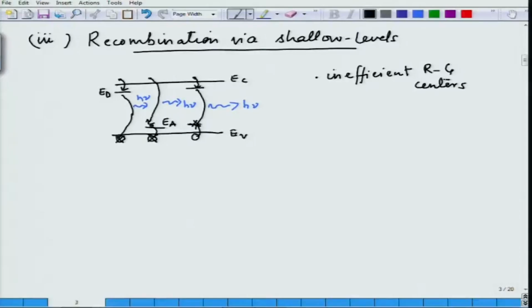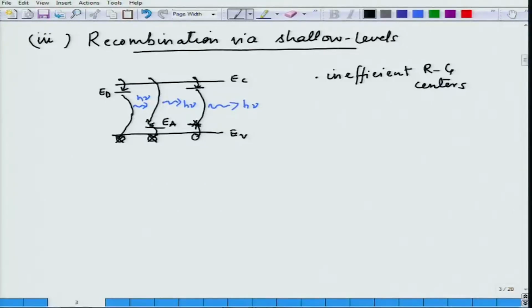Why are they inefficient? Because an electron which is captured by a donor level has two possibilities. It can either go back because of thermal fluctuations, go back to the conduction band, or it can recombine with the valence band. And since this level difference is very, very small, it is very likely that it will come out of the donor level and be part of the conduction band. Hence the probability that it does the recombination via this route is very, very small, and that is why we are calling them very inefficient RG centers, whereas if an electron is trapped in a mid gap level, it would generally recombine.